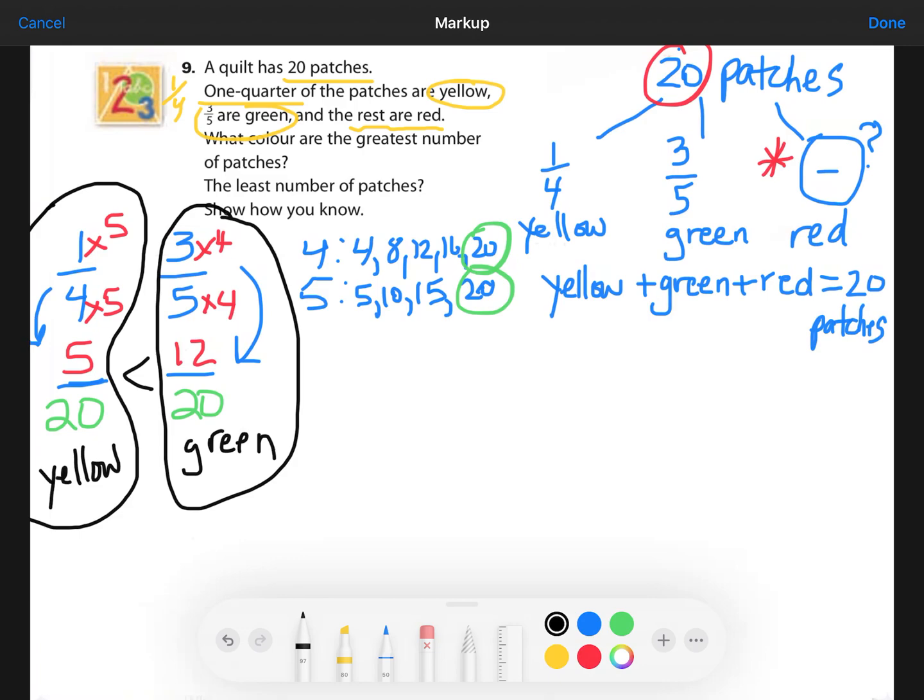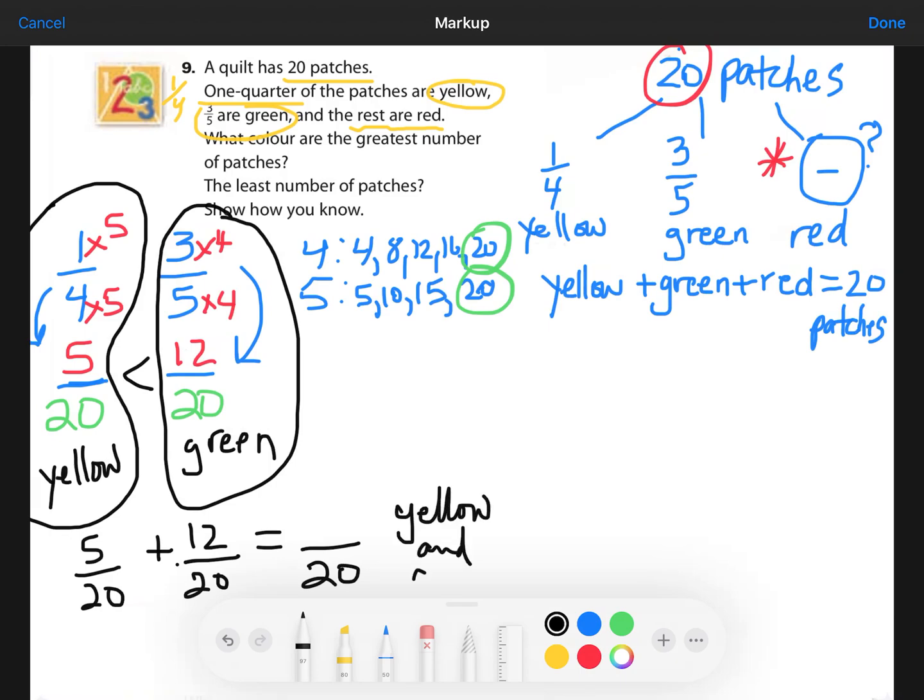So if I look at those, if I have 5 twentieths are yellow and 12 twentieths are green, then how many twentieths are yellow and green?